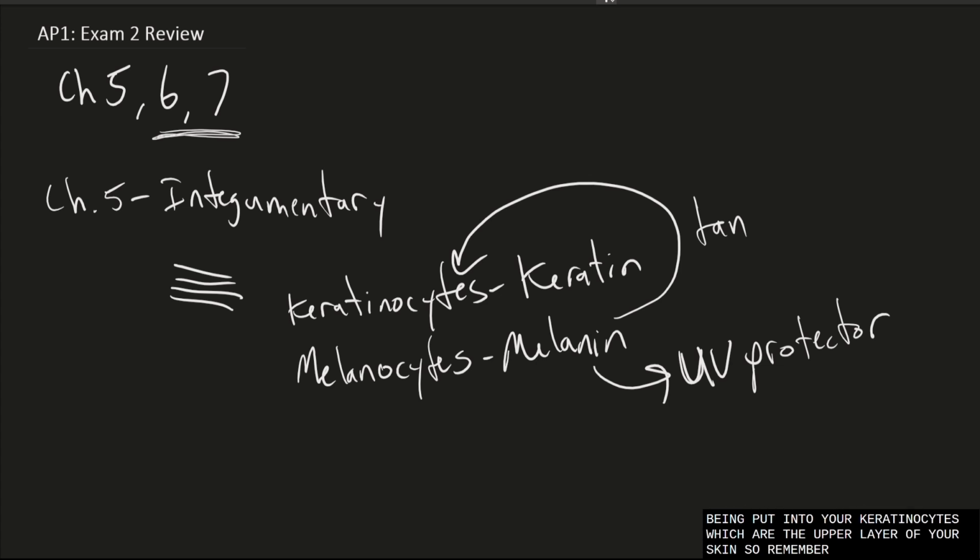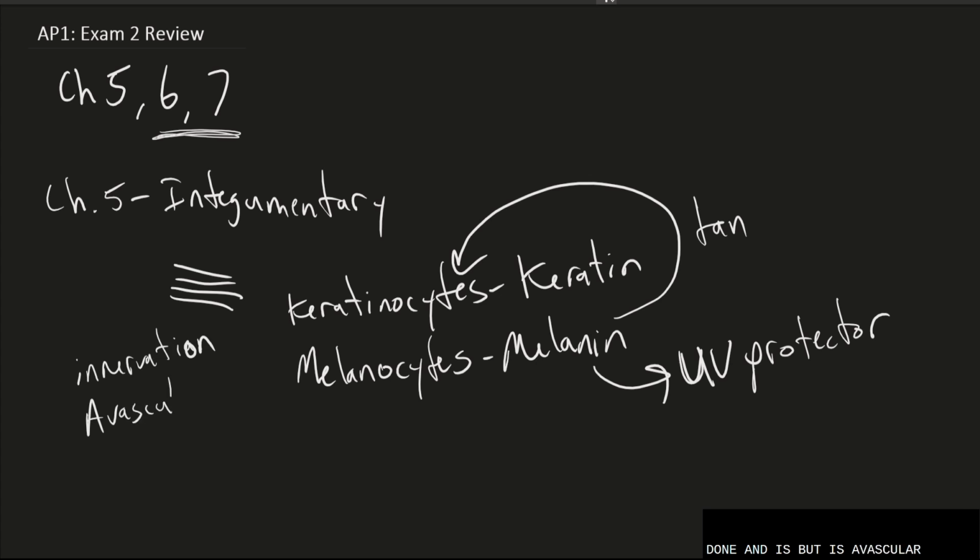So remember, our epidermis has innervation and is avascular. So it lacks blood vessels in that upper layer. Now the dermal layer, which is broken up into the reticular layer and the papillary layer, does have vasculature. Remember, keratinization is touch sensation here.